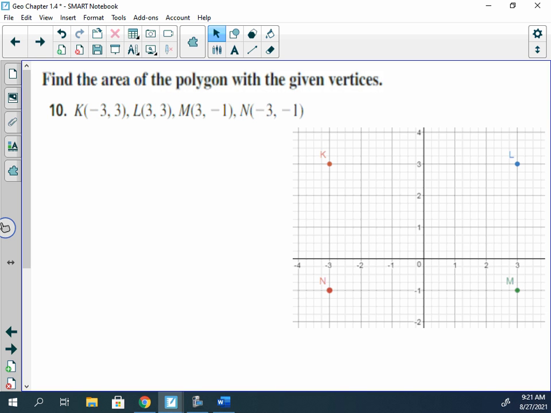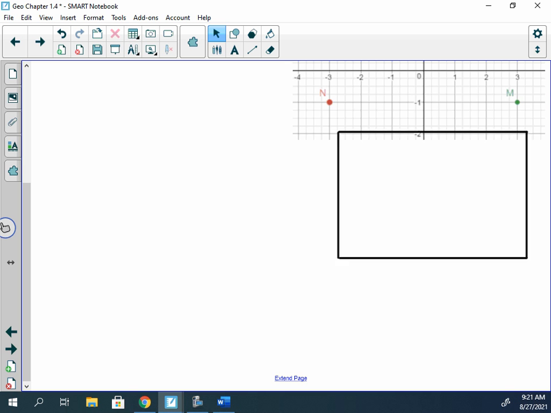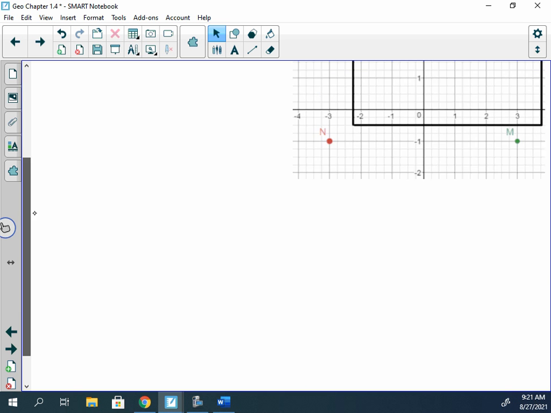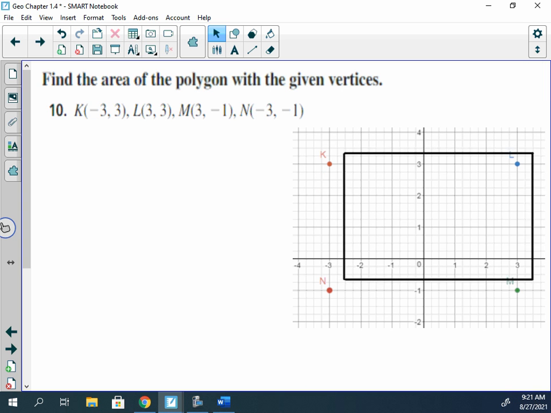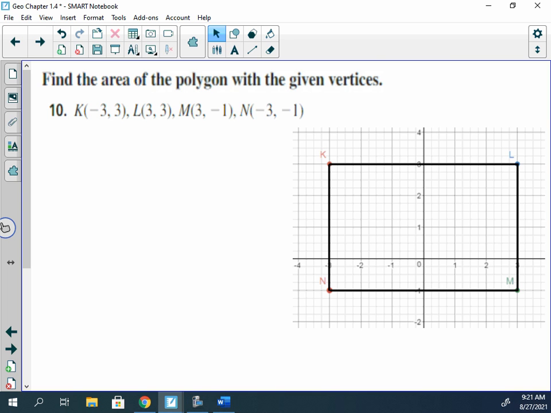Okay. So we want to find the area of the polygon. Now, as long as it's on straight axes like this here, we can count the units.